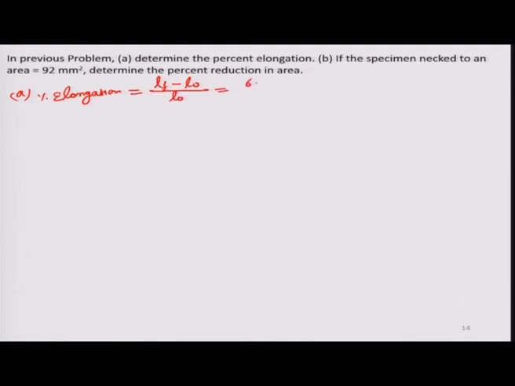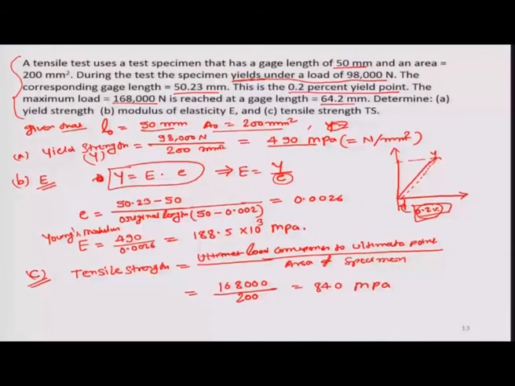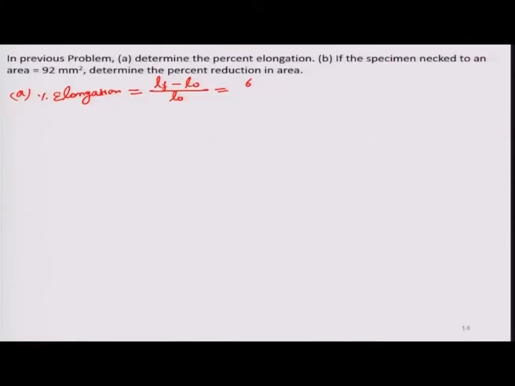Here, up to the maximum 64.2 mm, not fracture, you can say ultimate strength, 64.2 given, minus 50, divided by 50, that is equal to 28.4%, meaning this material can elongate 28.4% without any failure.